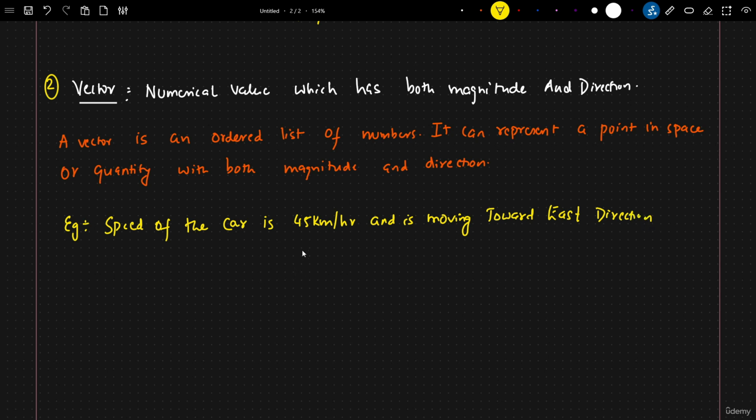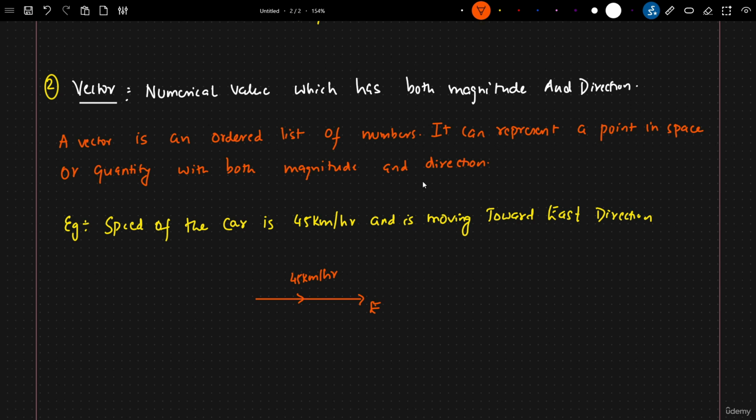Now here you can see clearly that my car is moving in the east direction and the speed is 45 kilometers per hour, right? So we are representing the speed of the car with both magnitude and direction, where specifically we are going towards the east side. Okay. This is the basic example we can consider in terms of the first definition.